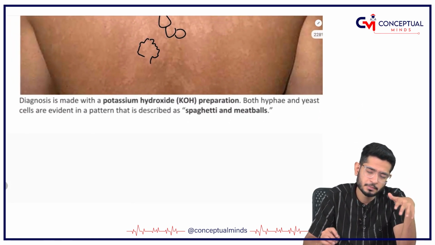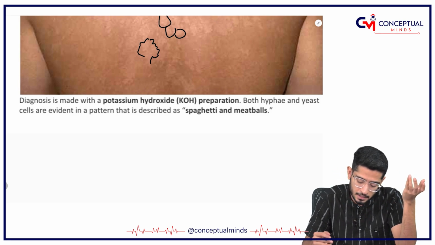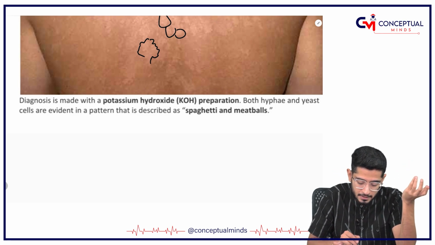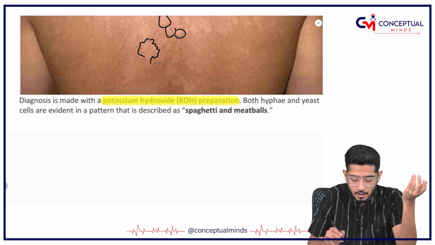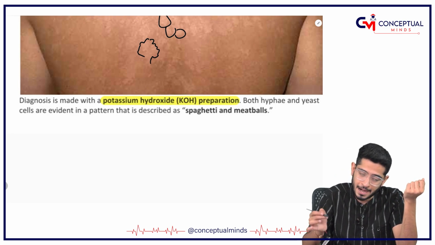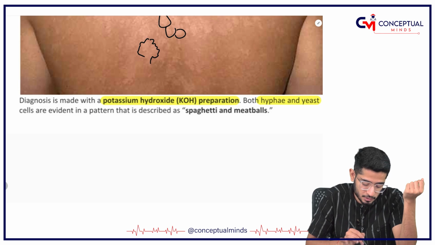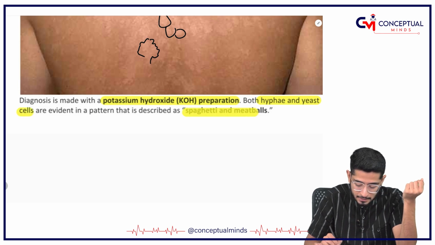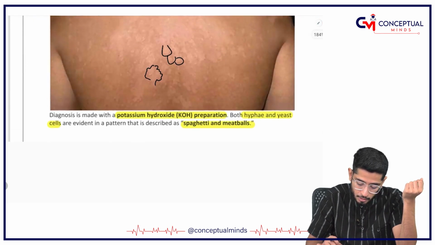So diagnosis is made by, of course, the Sabouraud's dextrose agar, but because it is a fungal infection, we take the potassium hydroxide preparation, and obviously both hyphae and yeast will be seen, and the pattern is called spaghetti meatball appearance.